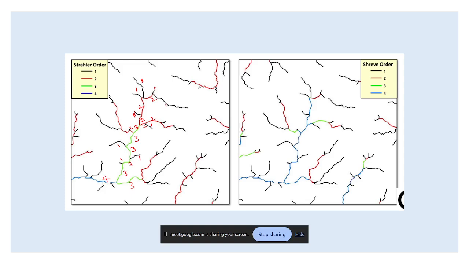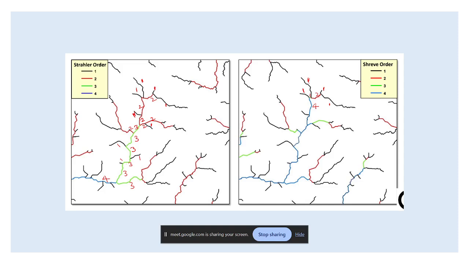Now for the same thing, when you do the Shreve order, you can see here, this is 1, okay, and this is 1. And here, basically you can try from here. This is 1, this is 1. So 1 plus 1, this is 2. Then 1 plus 2 gives you 3. 3 plus 1 gives you 4. 1 plus 4, okay, so that is 4. Similarly from here, this is the main one.